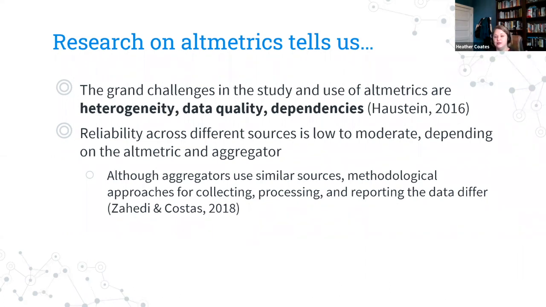Finally, the reliability across the different sources of altmetrics data is low to moderate, depending on both the metric itself and the aggregator. And this article by Zahedi and Costas from 2018 does a really excellent job of describing that. If you're interested, it's all in the references at the end of the slides.